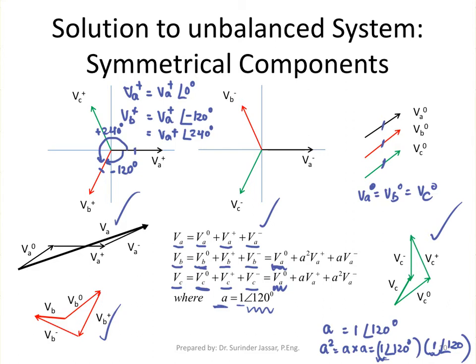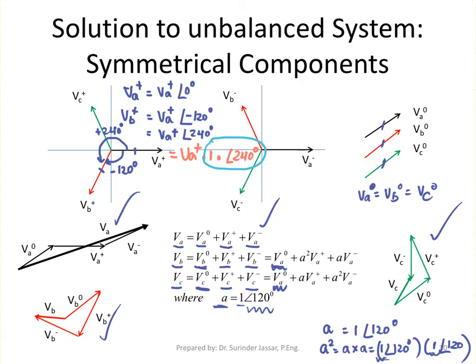Now I'll do it as VA positive multiplied by 1 at an angle of 240. So this whole thing is your operator A squared.